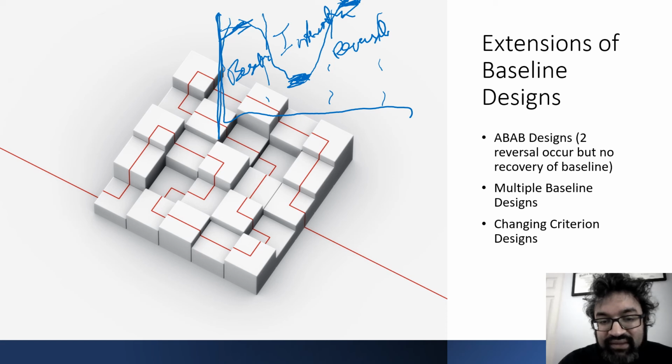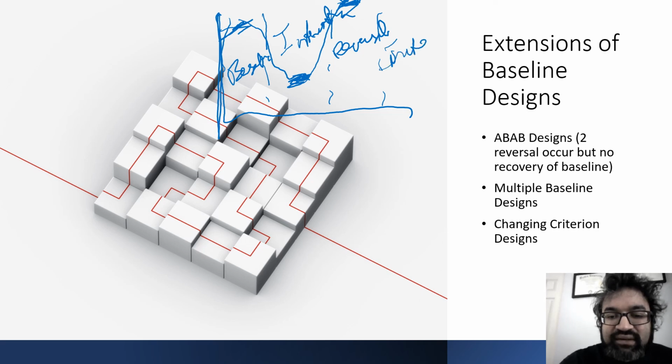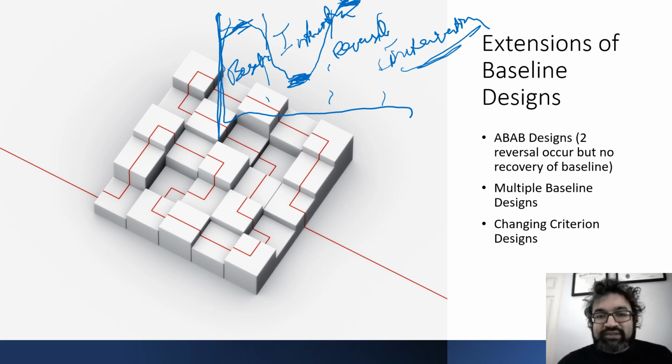So then you look for another intervention after the reversal. So then you have multiple baseline designs that you can look at, and then changing criterion designs. So these are some of the alternative ways that you can depict studies where there are only a couple of respondents.